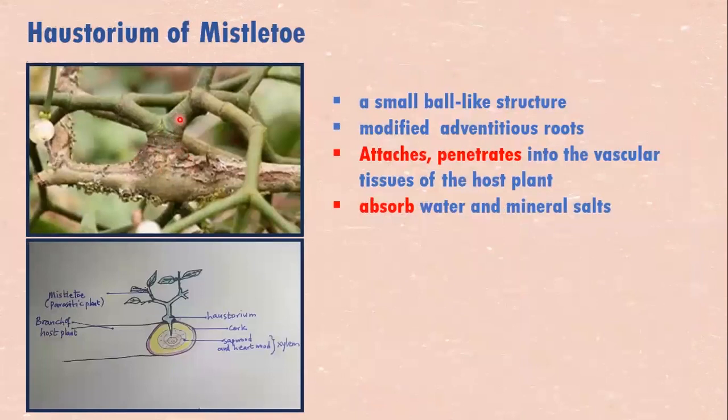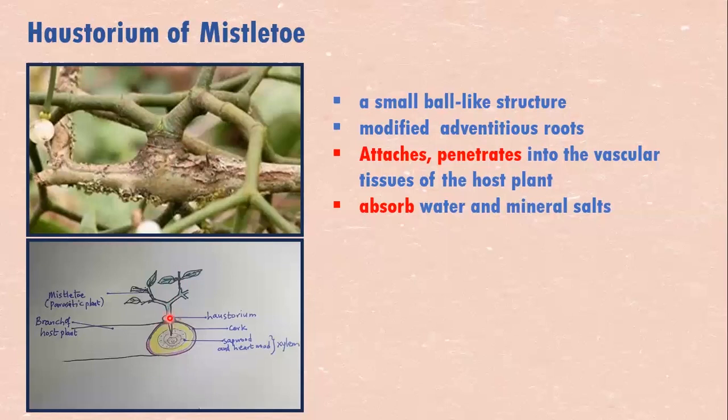This is part of the mistletoe, and this swelling is the part that the mistletoe uses to attach on the host. If this part is the mistletoe, this part is the haustorium. It's a ball-like structure formed on the host branch, and it's actually modified adventitious roots.